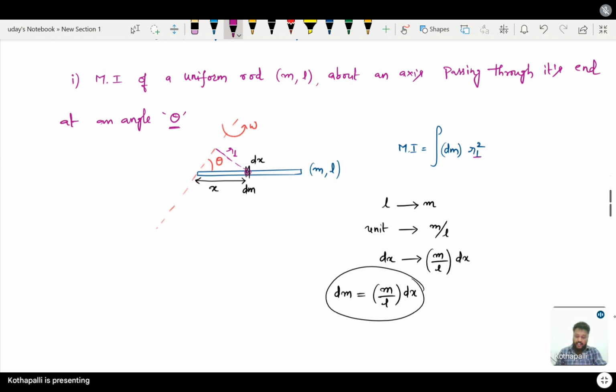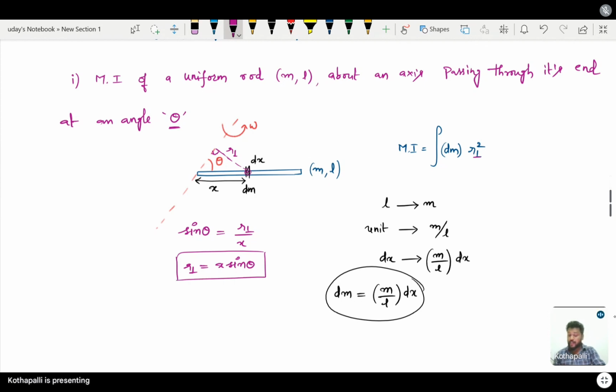See, from this triangle we can write, if I take sine theta, opposite by hypotenuse. This is actually 90 degrees, so the side opposite to 90 is x. So r perpendicular will be x sine theta. This is our perpendicular distance.